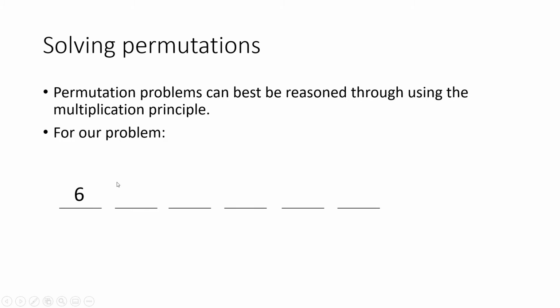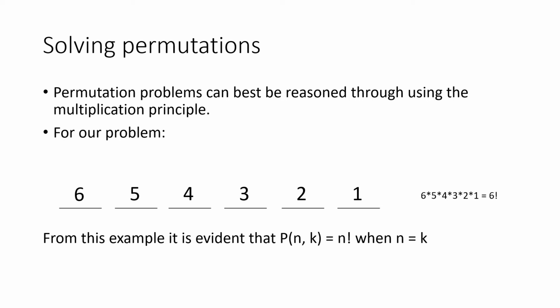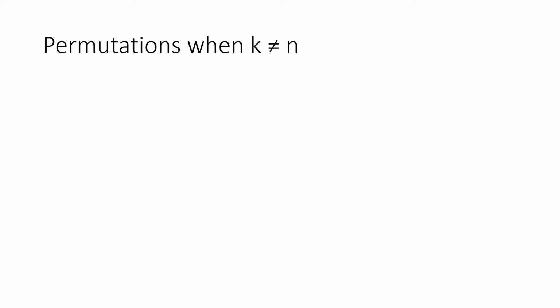And after that, obviously, we have 5 options, and so on and so forth. So to order these 6 exhibits in the parade, we have 6 factorial. So we can see that when n equals k, a k permutation on n equals n factorial. In other words, the number of ways to order n objects is n factorial.